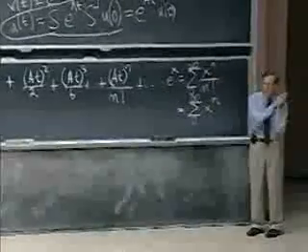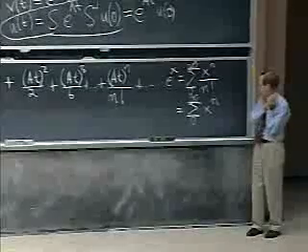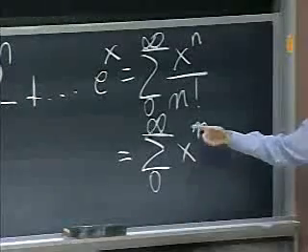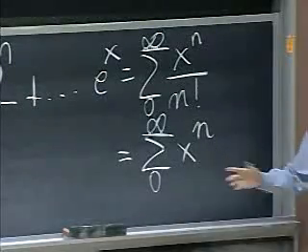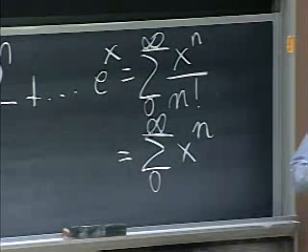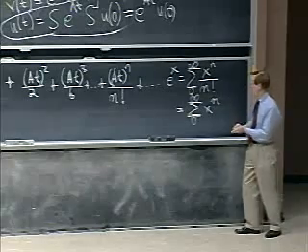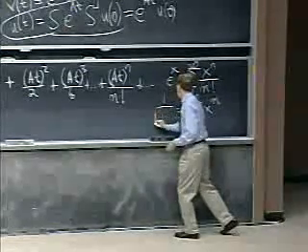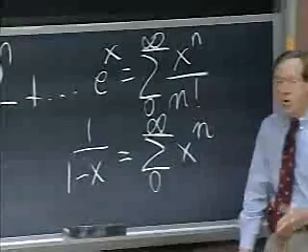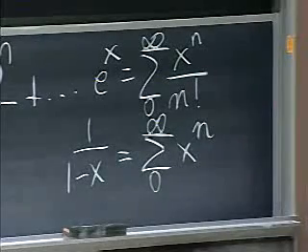This is like a side comment. This is 1 plus x plus x squared plus x cubed plus x to the fourth, not divided by anything. That series forever is 1 over 1 minus x. It's the geometric series, the nicest power series of all.